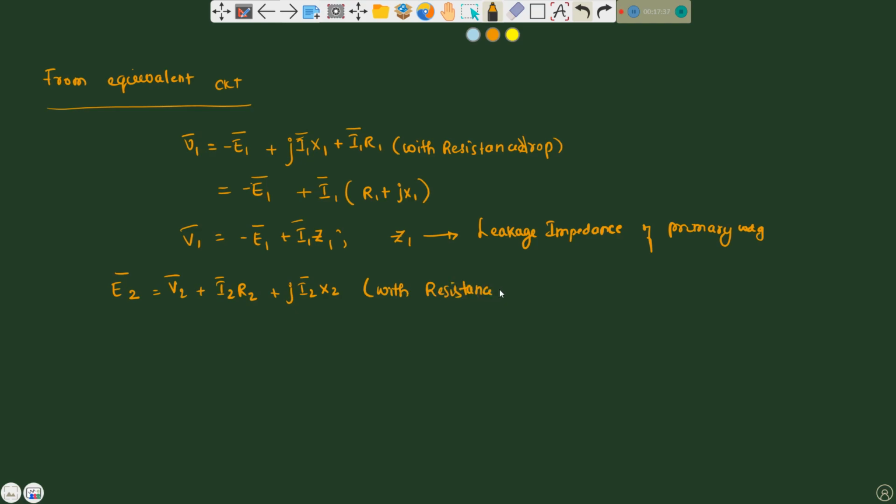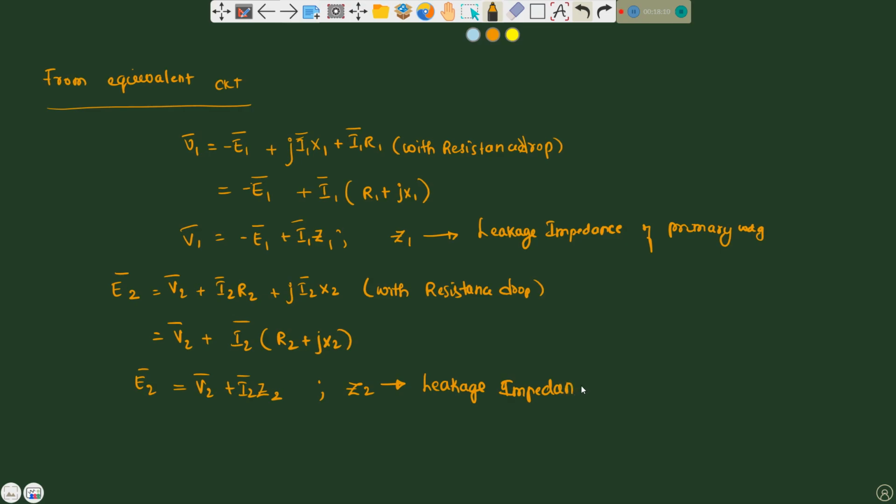Then taking I2 common, we are left with V2 vector plus I2 times R2 plus jX2. So E2 equals V2 plus I2 Z2. Here Z2 is the leakage impedance of the secondary. Correct.